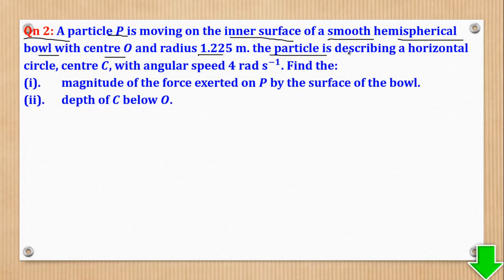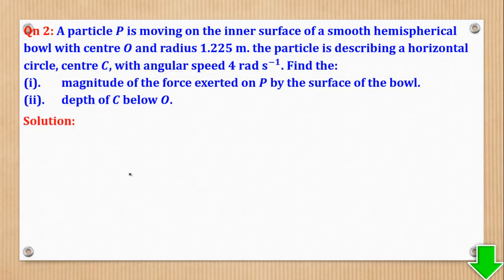The particle is describing a horizontal circle with center C with an angular speed of 4 rad per second. Find, Roman 1, the magnitude of the force exerted on P by the surface of the bowl, and Roman 2, the depth of C below O.